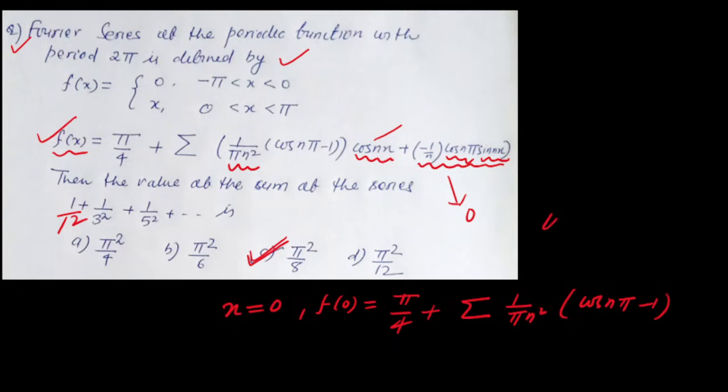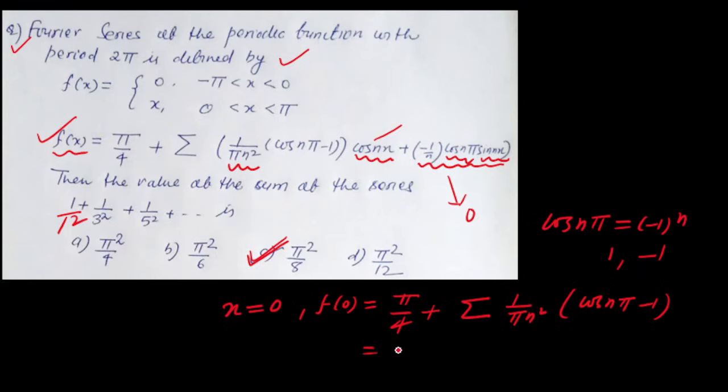So we remember this result that cos n pi is equal to minus 1 to the power n. So if I take n is even, then I will get 1, and if I take n is odd, I will get minus 1. So all those even terms will become 0, only odd terms will be left.